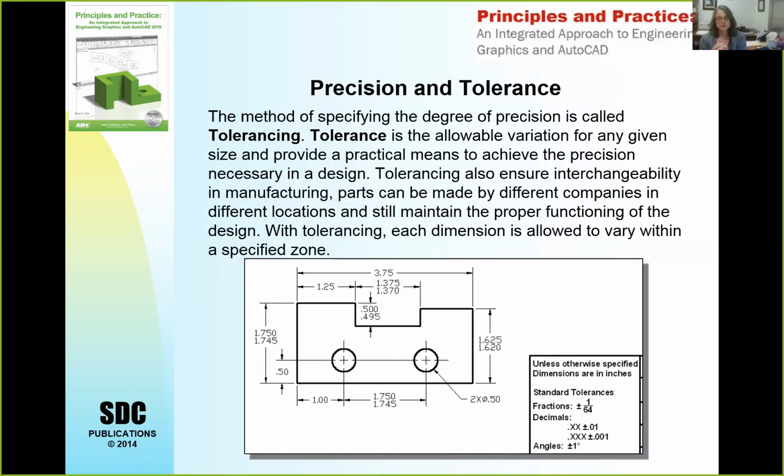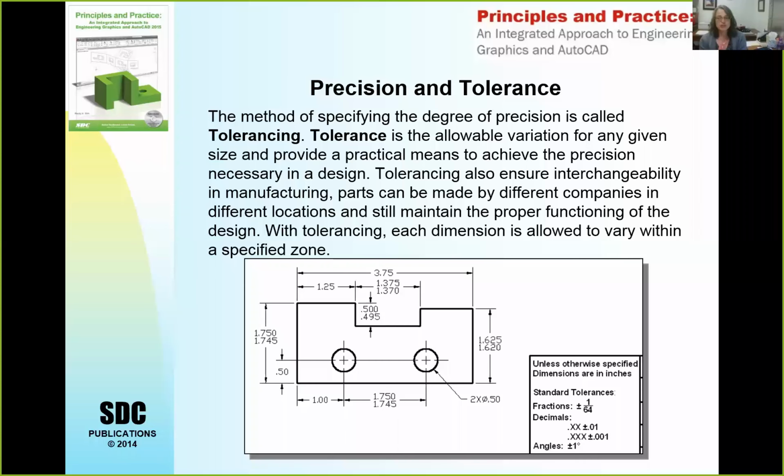Sometimes we confuse that with accuracy. Precision is actually the repeatability.